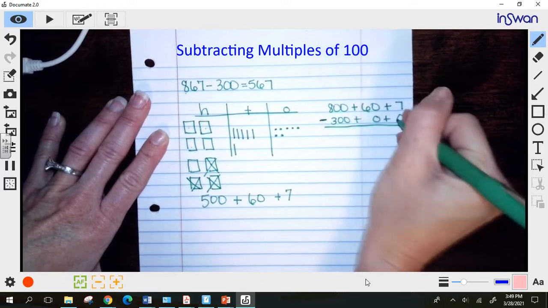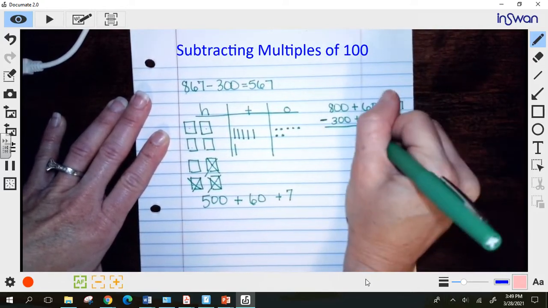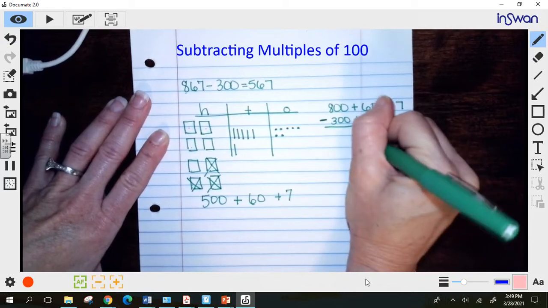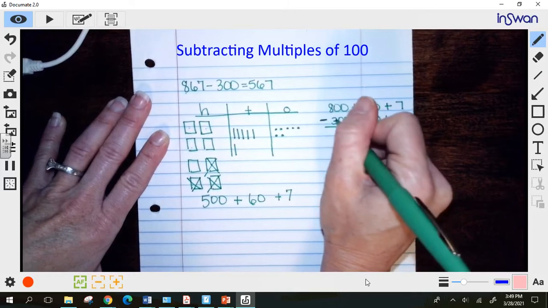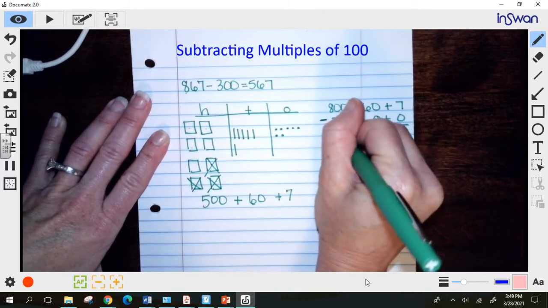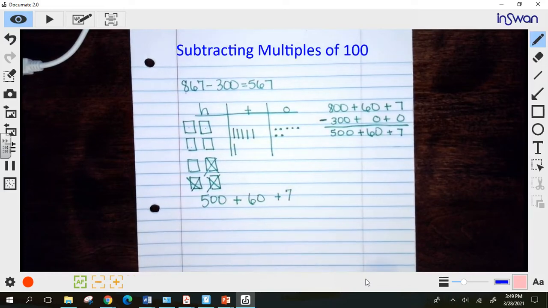So 7 minus 0 is 7. 60 minus 0 is still 60. Nothing has changed. And then 800 minus 300. We know 8 minus 3 is 5. So 800 minus 300 is 500. And I got the same answer.